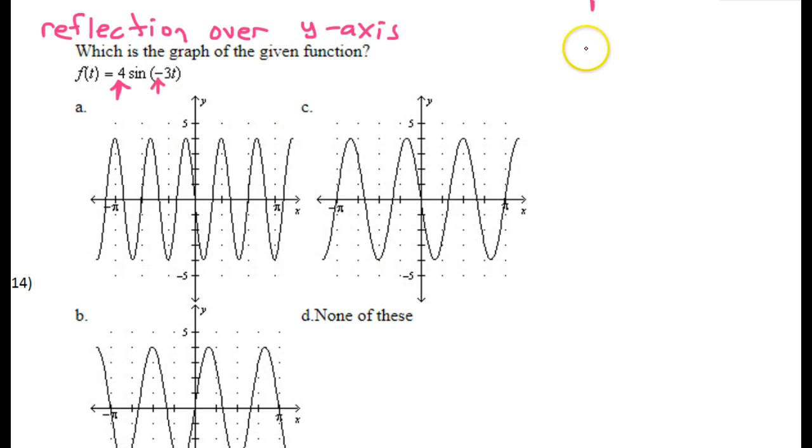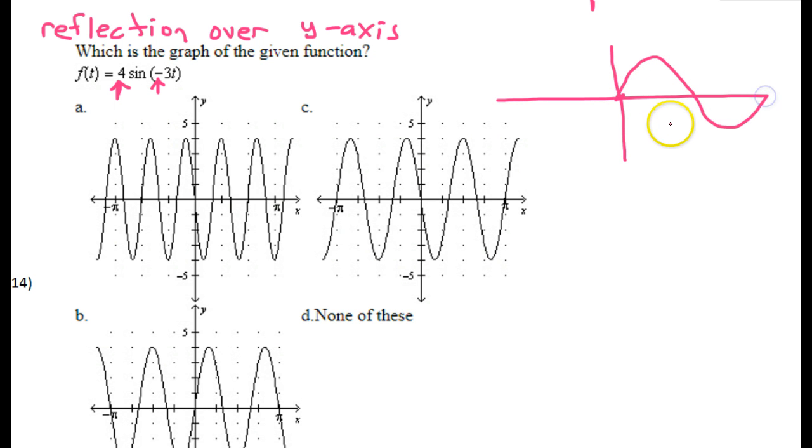Okay, so let's remember what the sine function normally would look like. Normally it starts at the midline and it goes up and down and back to the midline like this. So if I take this and I reflect it over the y-axis, in fact, let me continue this.